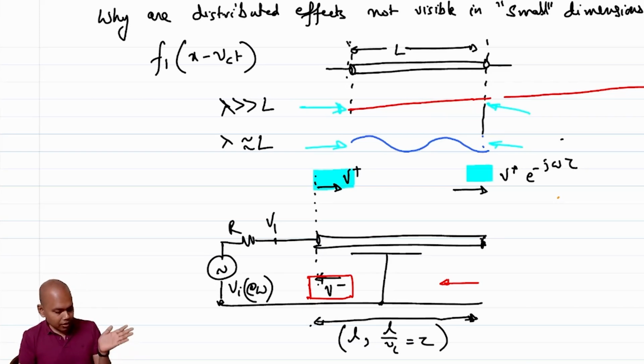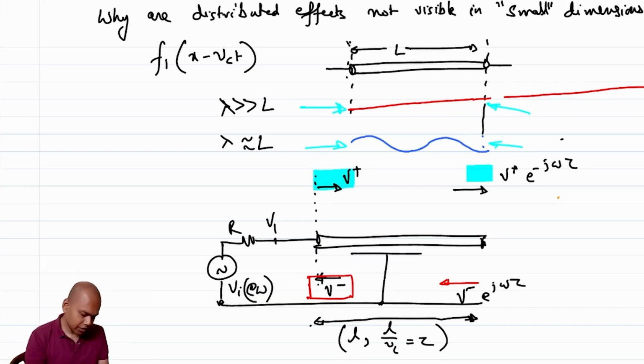So when I see the reflected wave here as V minus, the same reflected wave was available at the other end of the transmission line at time tau before the time instant at the input port, right? So I can model the reflected wave as V minus e to the power j omega tau, right?